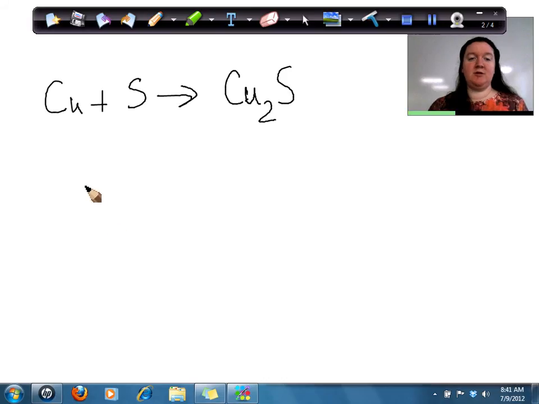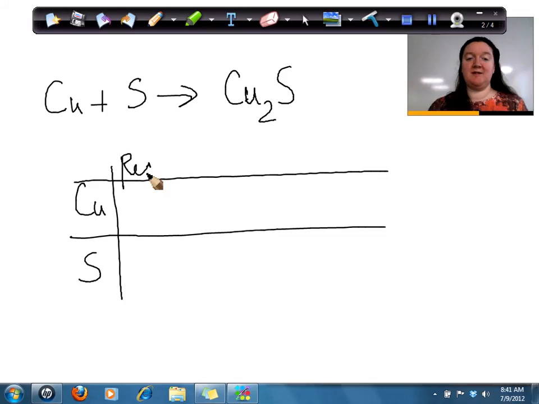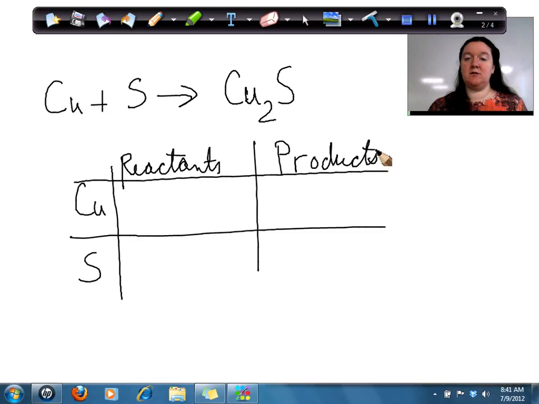So first we're going to list our metal, copper, and then sulfur. We have our reactants, and then we have our products. If I look at my reactants, I have 1 copper on this side, but I have 2 copper on my product side.